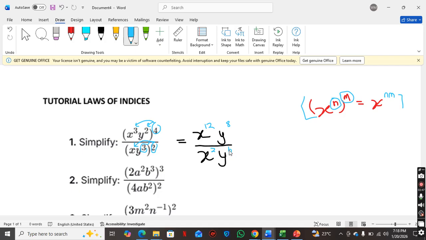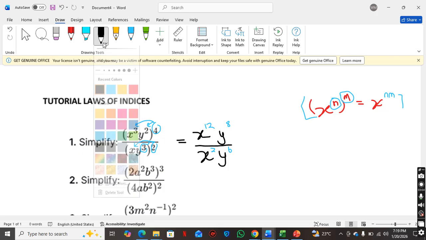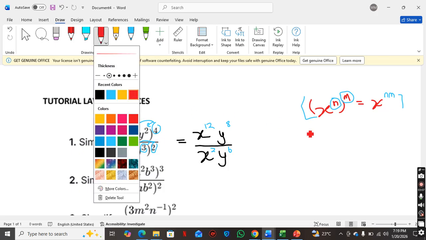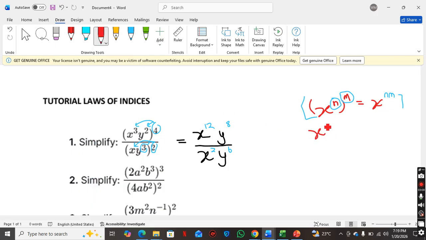Now, we are not yet done with our question here, because we have to simplify it to its simplest terms. So the next law of indices that we're going to apply for this question is this one, where you write the rule down here. x to the power m over x to the power n is the same as saying x to the power m minus n.